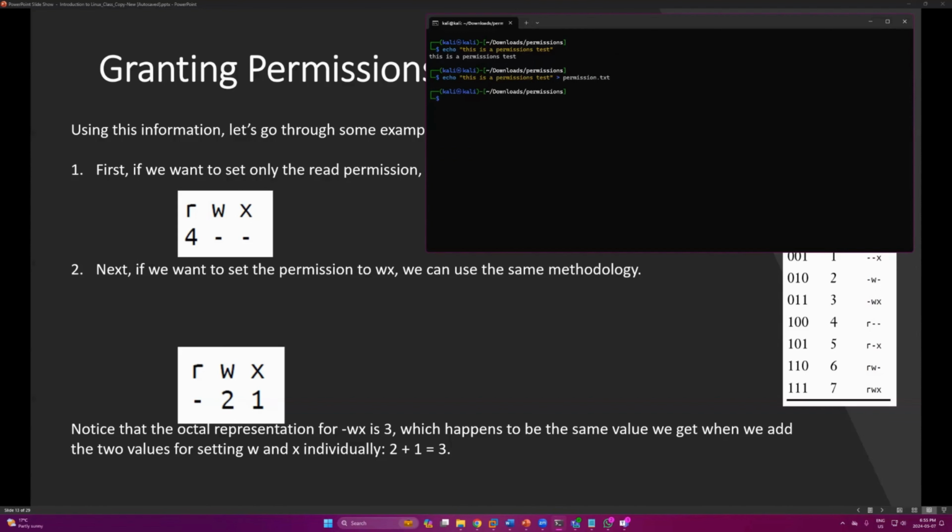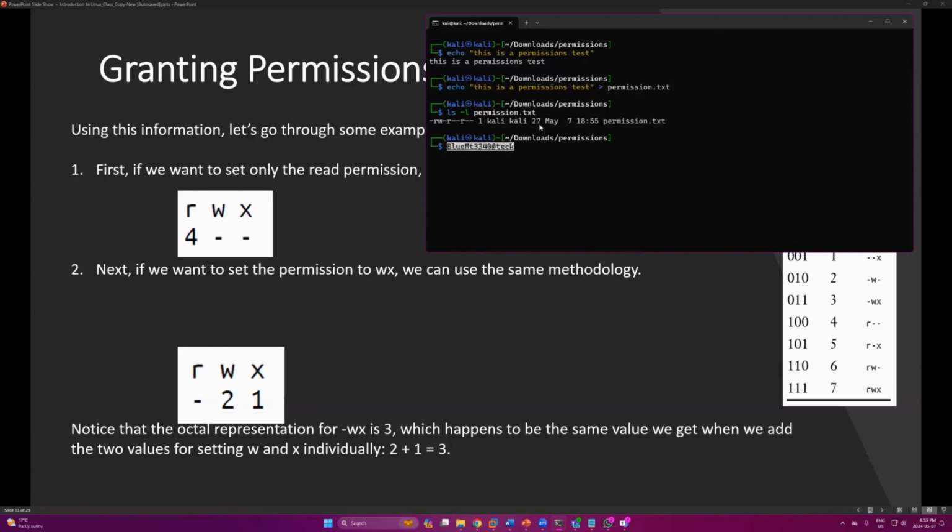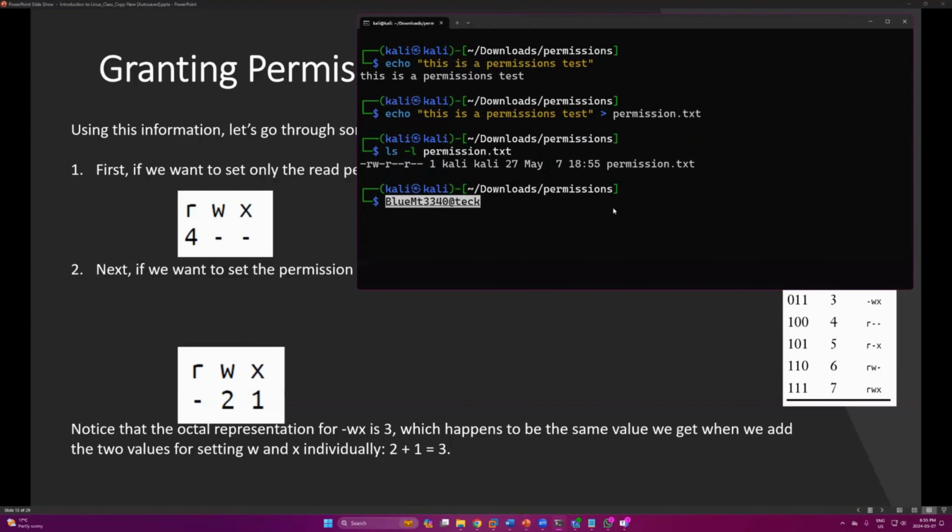Now, if I want to take a look at what permissions I have right now, I'm going to use ls -l and then permissions.txt to see what permission I have right now. If I just zoom in a little bit, you can see that we know it is a file because it has a dash at the start.